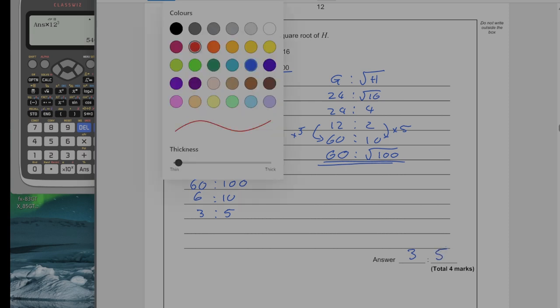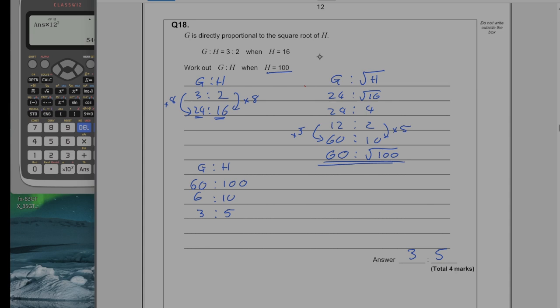I'll include the proportion equation here. So that's method 1. And I'll do method 2 just down here. So method 2, and you can see the links really. G is equal to K times root H, and we found this initial value.